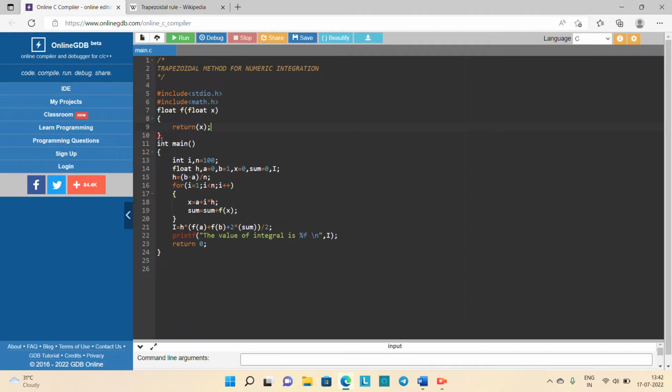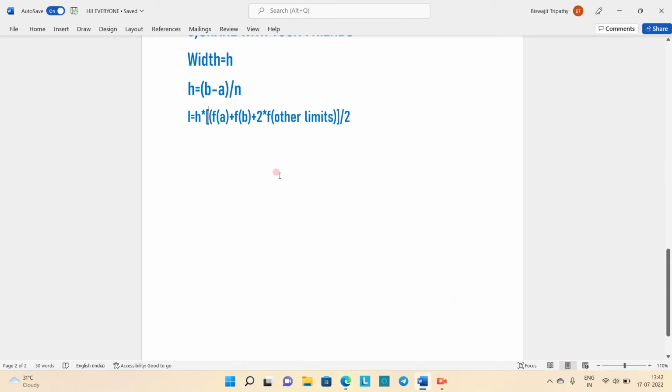Then we have given two brackets, and in the middle here we will write the formula or the function which we want to integrate. I have written the simplest function in the world, x. We have to integrate x dx. So what will be the integration value?